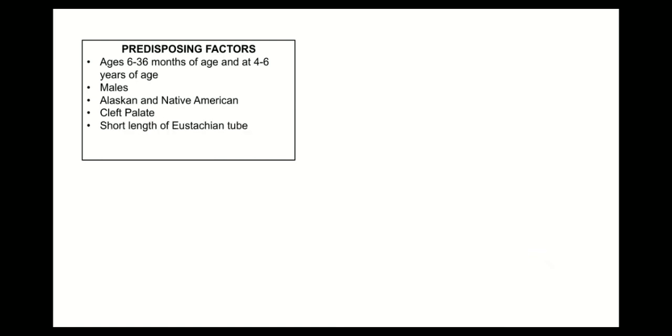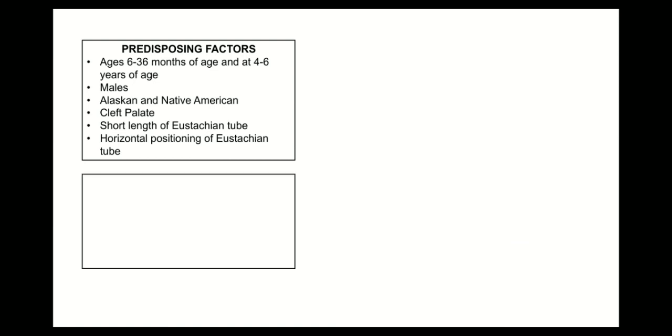Also, children with shorter eustachian tubes and the horizontal positioning of the eustachian tubes in children are predisposing factors. Now, let's go to precipitating factors. For precipitating factors, we have formula feeding.